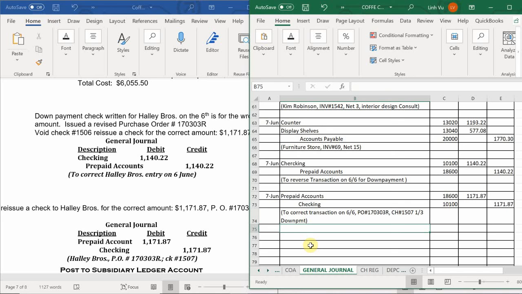Okay, because I revised the purchase order to reflect the correct amount, and here I wrote a check number to reissue for the correct amount. Okay, so now my journal has been completed.